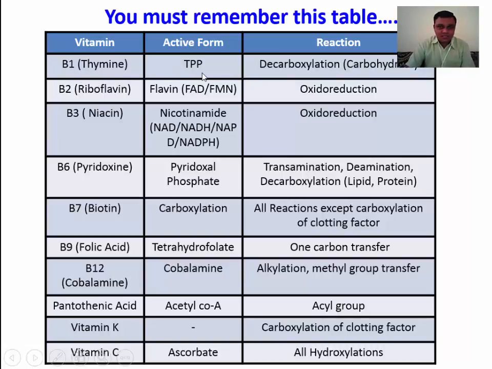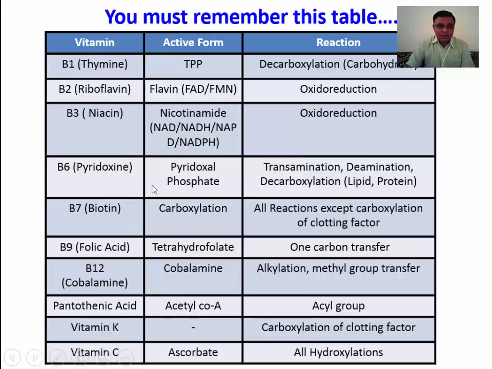We have already seen thiamine pyrophosphate, used in decarboxylation, or otherwise said, in the PDH complex. B2, that is riboflavin, is used in oxidation and reduction. B3 again will form NAD, NADH, NADP, NADPH. So all these will serve for the oxidation reactions.